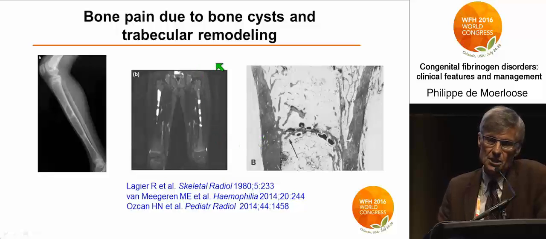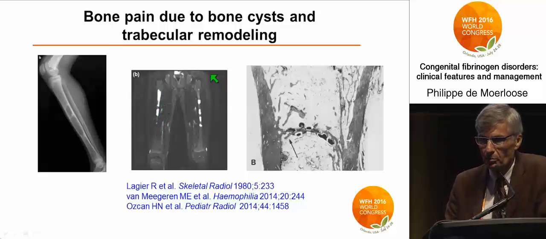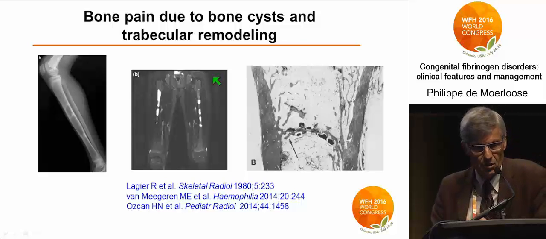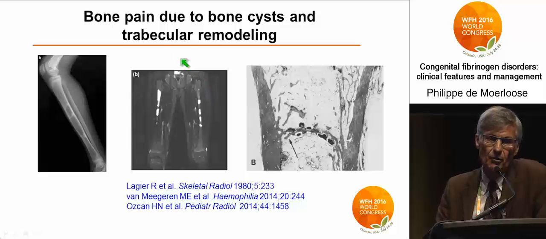Another thing which is more and more striking and more reported is that these patients have some cysts, and these cysts are very particular. They are in long bones, as you can see here, and cause bone pain. So if you have a patient with a fibrinogen disorder who complains about bone pain, think about that, and there is a way to do some imaging in order to better see what's going on.